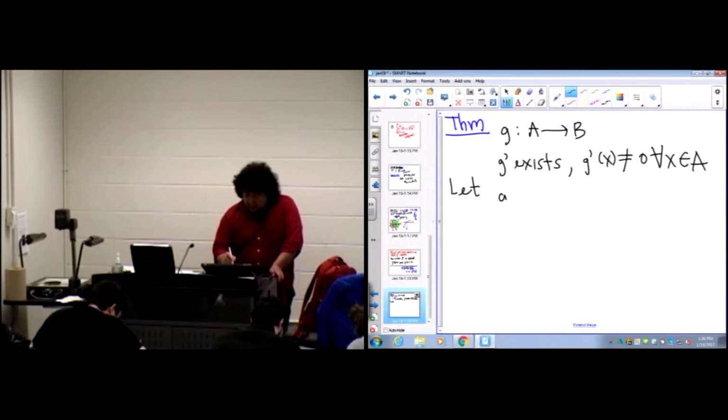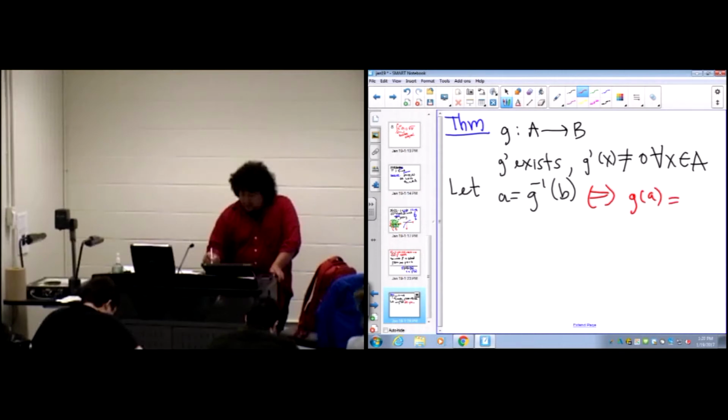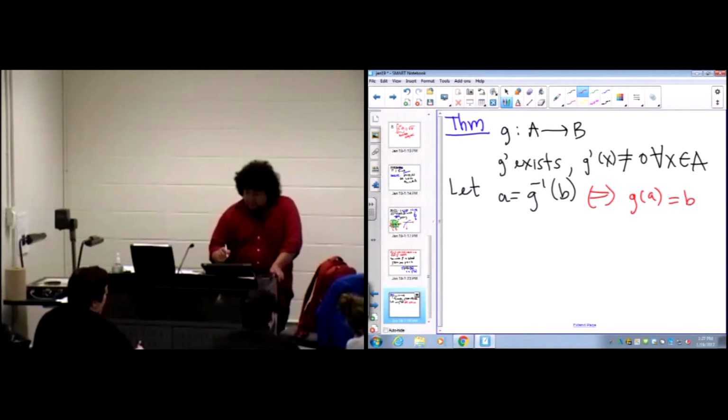Now, let's say that g of a is equal to b. Remember, that's the same as saying a equals g inverse of b, if and only if g of a is equal to b.